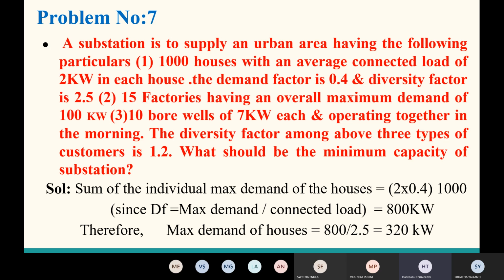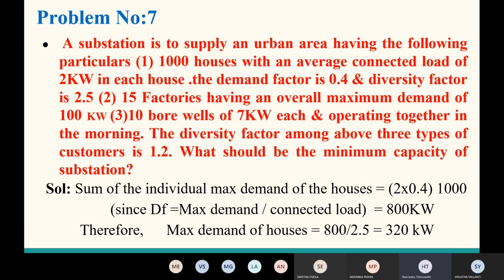For those 1000 houses, the demand factor is 0.4 and the diversity factor is 2.5.